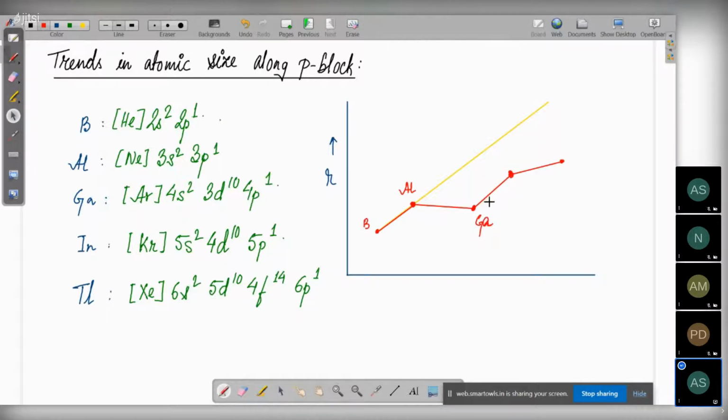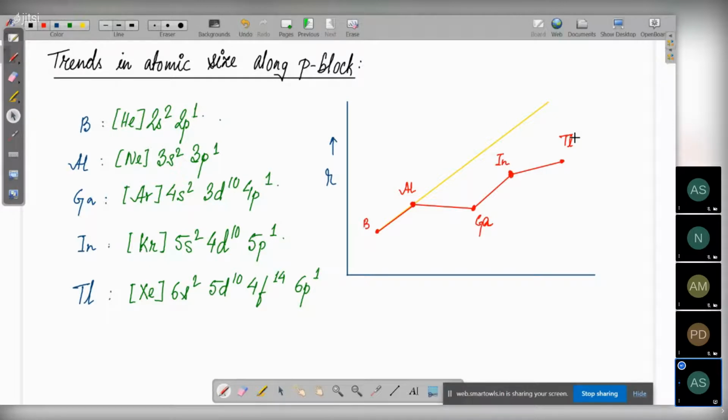From gallium to indium, the size increases. From indium to thallium, it also increases, but the extent of increase is not as much as expected; it slightly increases.